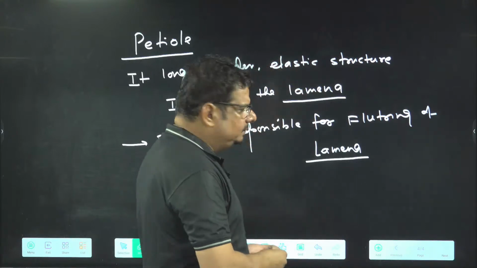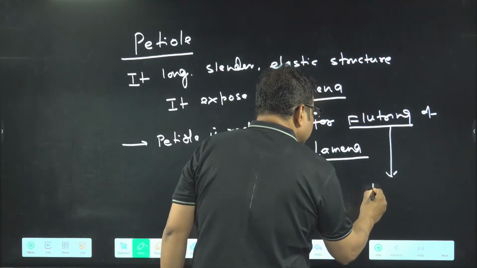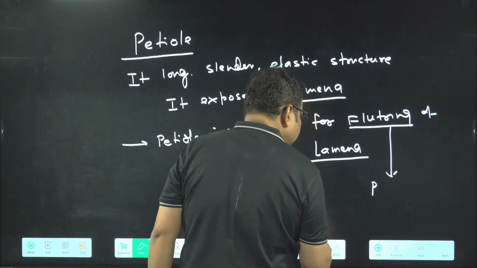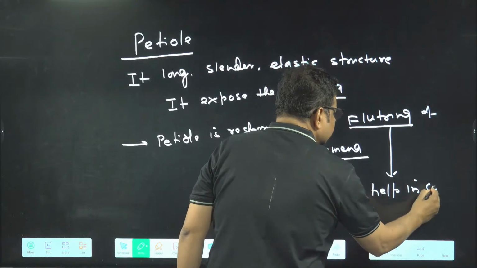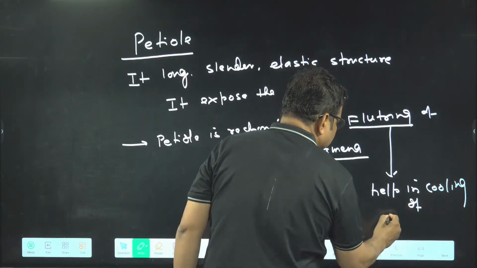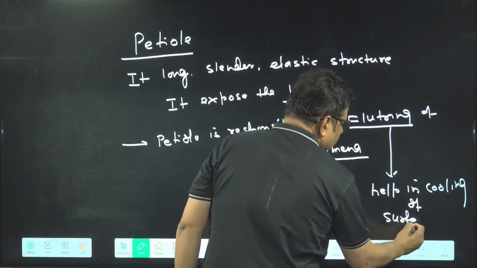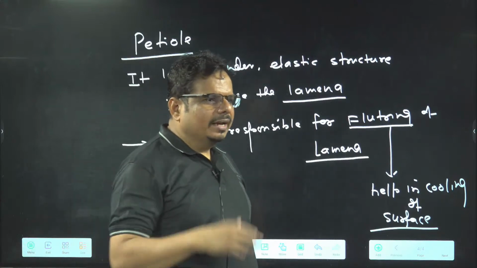Purpose is cooling. So this fluttering helps in cooling of the leaf, cooling of the surface. And it also carries which one? Fresh air.